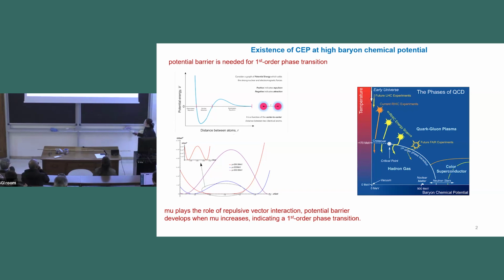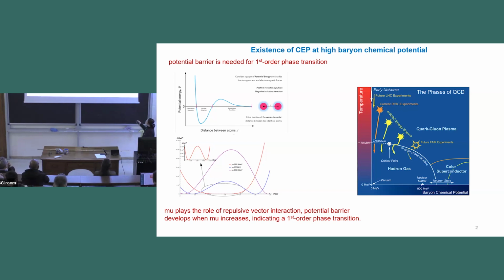So when you increase mu, the repulsive vector interaction increases, and then it will develop a potential barrier in your system. So there will be a forced vacuum decay to the true vacuum. Then you will have this first order phase transition.